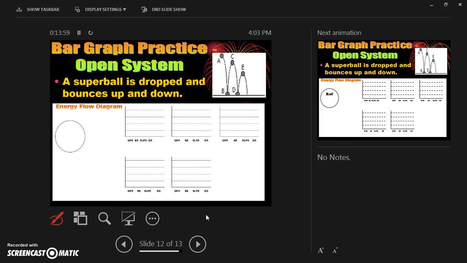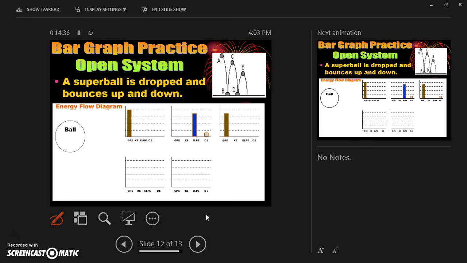And last but not least, the super ball. Go ahead and pause and attempt to fill those in. This is again an open system, hence the ball doesn't make it up to its highest height for each consecutive bounce. Some of the energy with every collision on the ground is lost or dissipated due to that deformation and friction with the impact. A, total GPE. Here's B, elastic potential because the ball is being compressed, but you also have some dissipated.